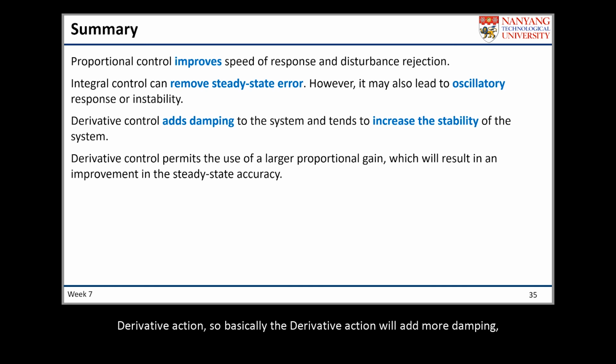Derivative action will add more damping to the system, and the higher the damping, the less the oscillation in your response. In other words, derivative action will increase the stability of the system. So in practice, if you want to achieve all three objectives, you just combine all of them. You use a PID controller.